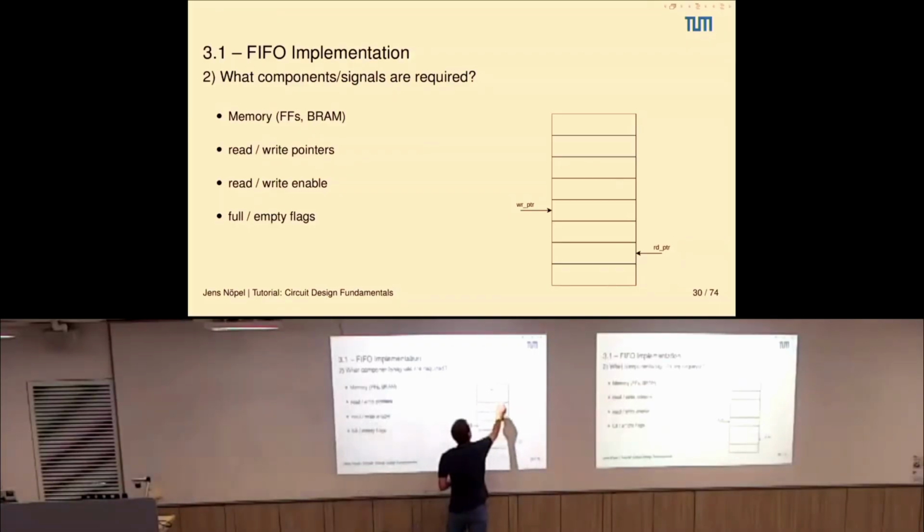In the beginning it looks like this. You then have your write pointer here, you know, I want to write packet 0, so I write it in there. Then let's assume I want to add another packet.